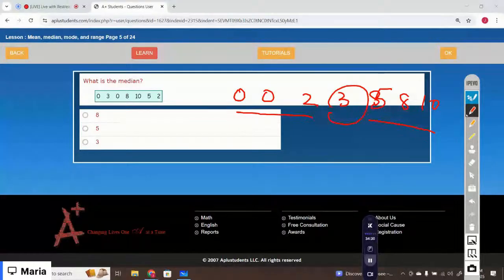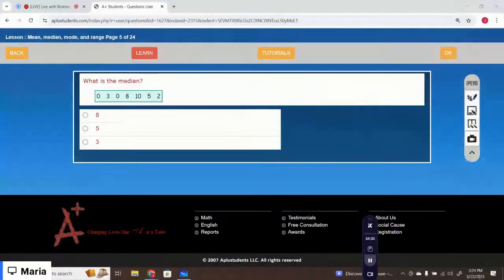The median is 3. The correct option is option number 3. That is 3.